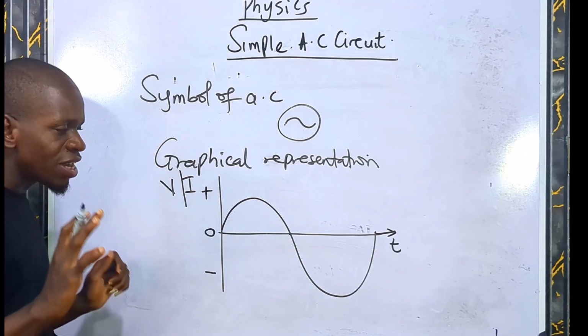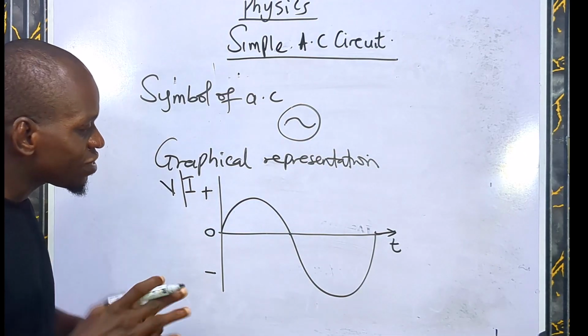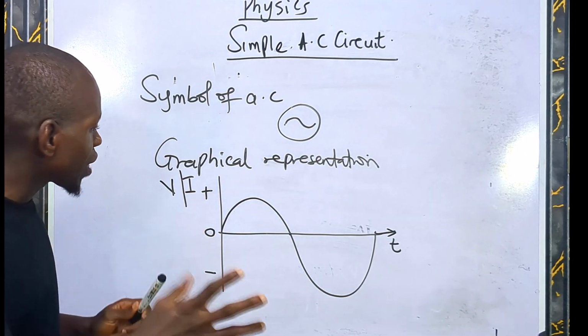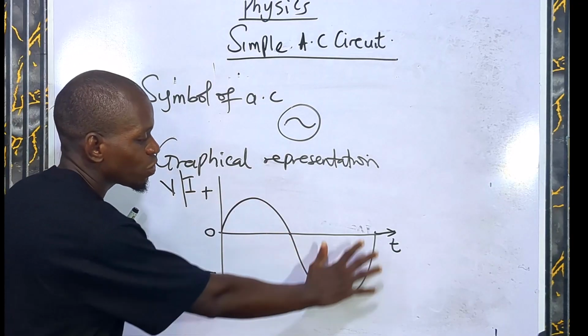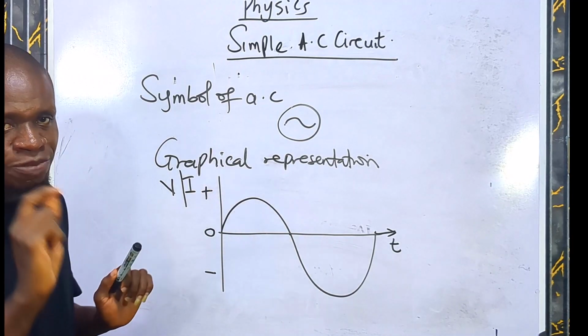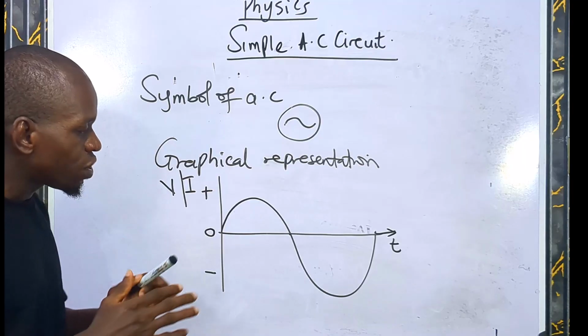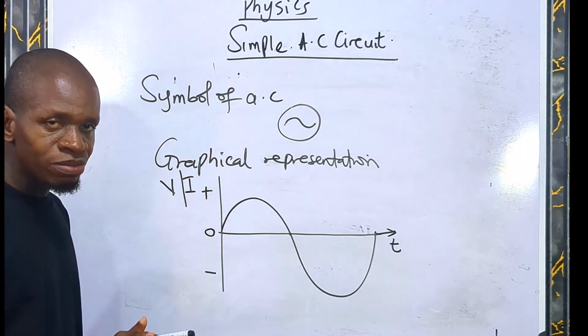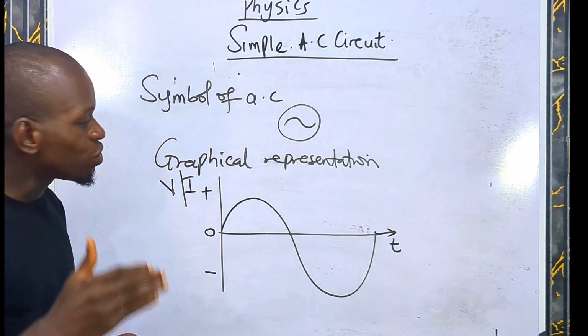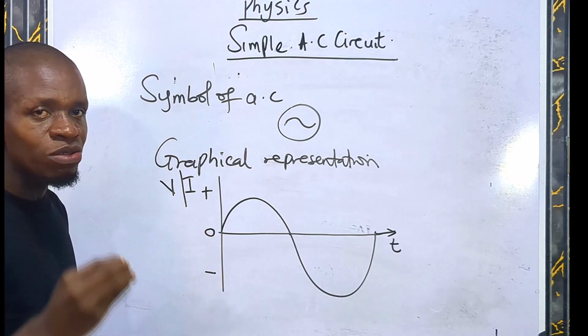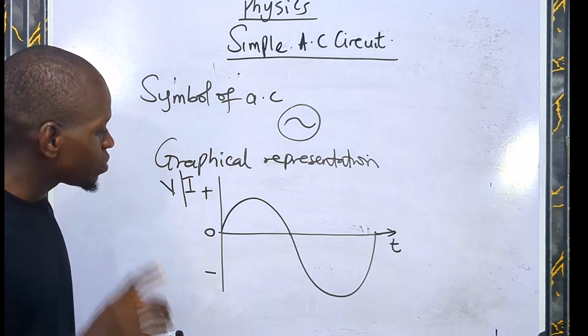Now, another thing that your examiner expects you to know is that since you are now aware that alternating current uses a sine graph, they are expecting you to know the maximum or peak value. You are expected to know where to locate it.